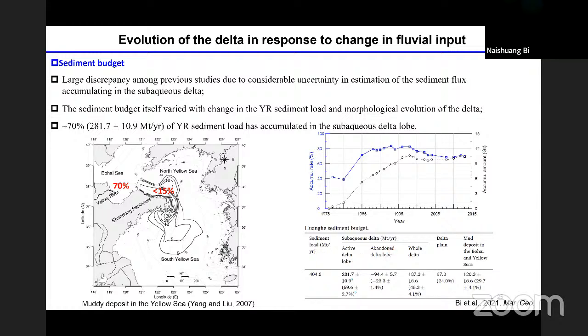The results show that around 70% of the Yellow River sediment accumulated in the subaqueous delta lobe, suggesting that only around 30% has been deposited in the delta plain and transported to the Bohai Sea and the Yellow Sea. So I think this value is less than 60 million tons to the Yellow Sea.